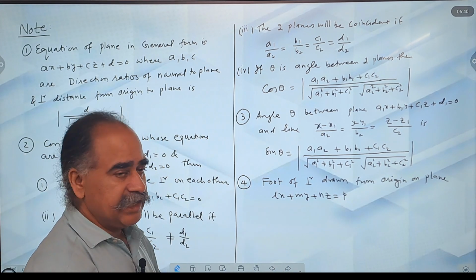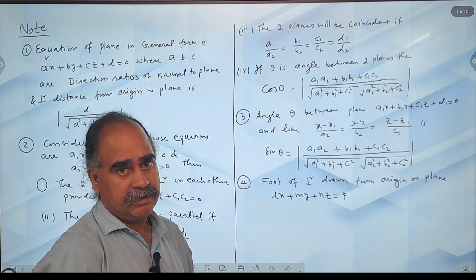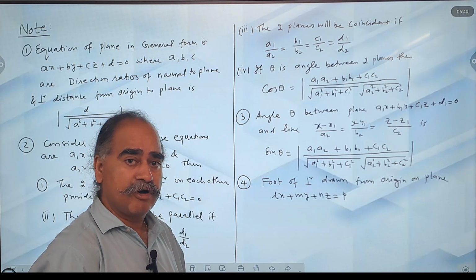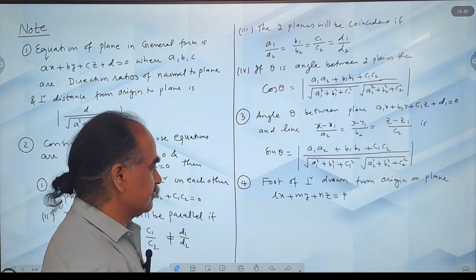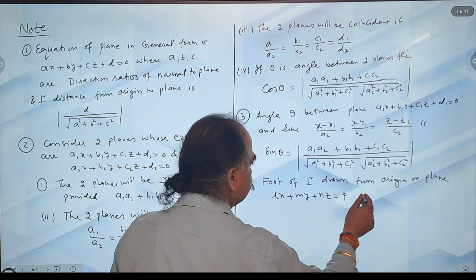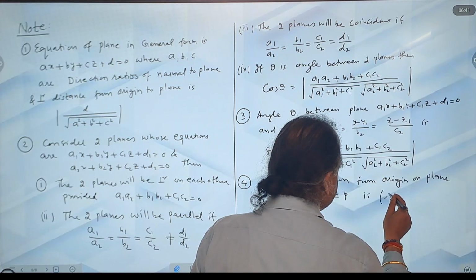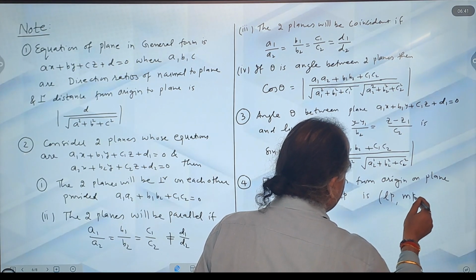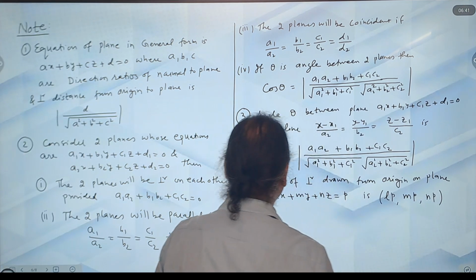Take care, here equation of plane is in normal form. And if it is given in general form, we have to convert it first into normal form. Then only we can find out the foot of perpendicular, which is lp, mp, np.